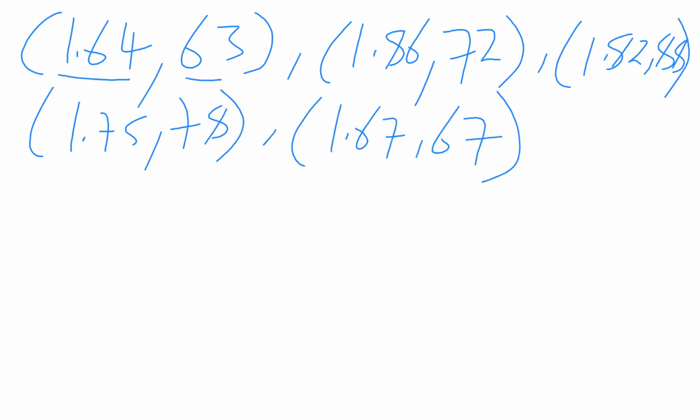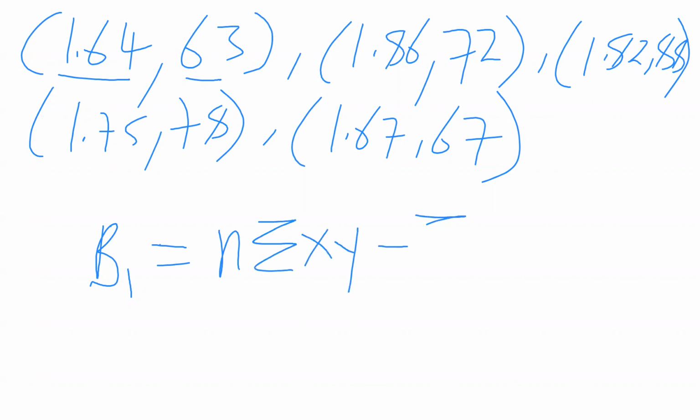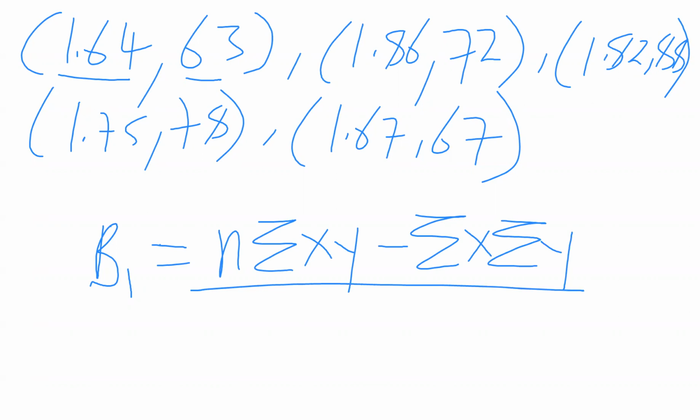So what do we do now from here? We know that to find the value of beta 1, it is equal to n, the summation of xy, minus the summation of x, the summation of y, all over n, the summation of x squared minus, open the bracket, summation of x, then you square that.